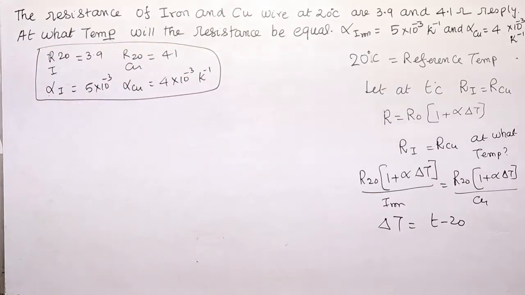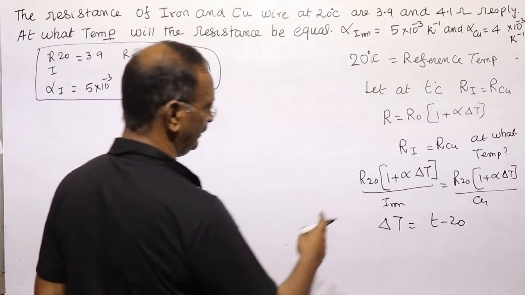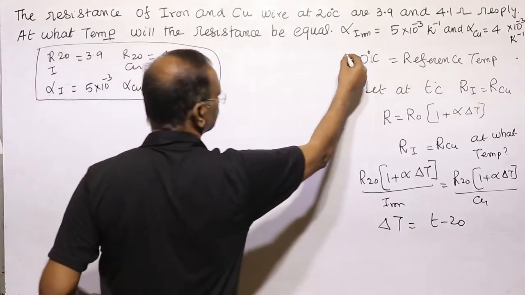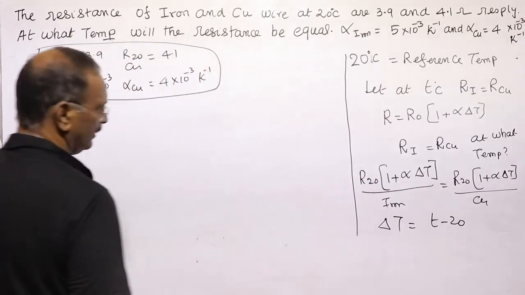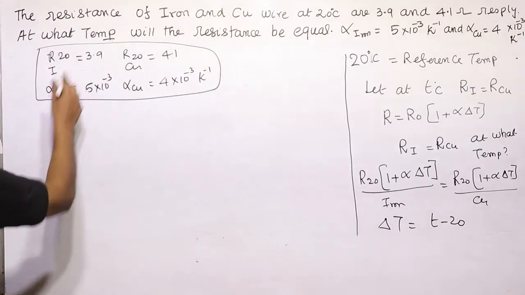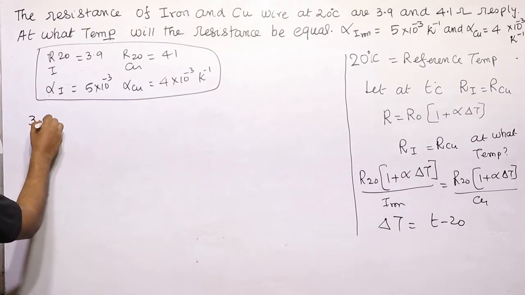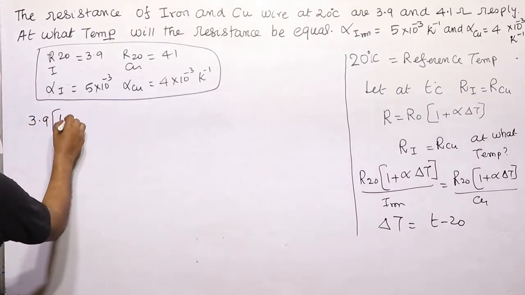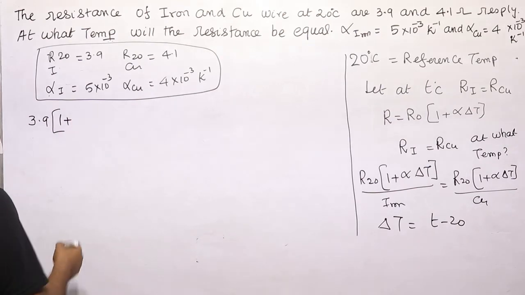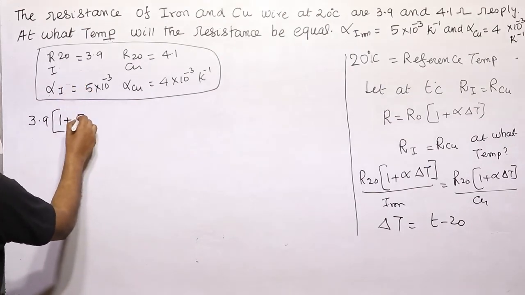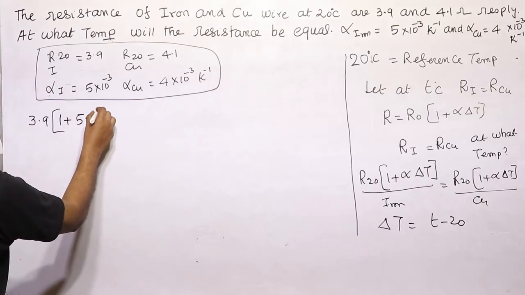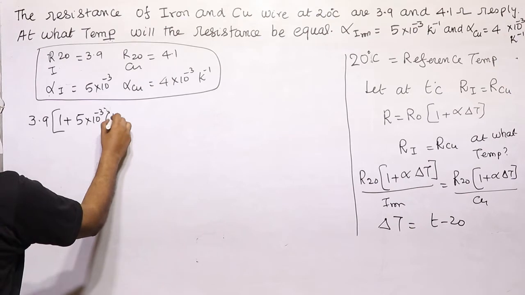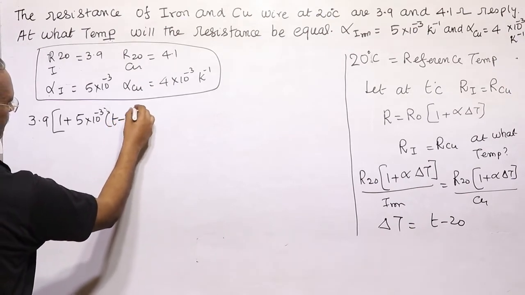So now we can find out from here. R20 for iron is 3.9 into 1 plus alpha. Alpha for iron is equal to 5 into 10 to the power minus 3 into delta T, where delta T is T minus 20.